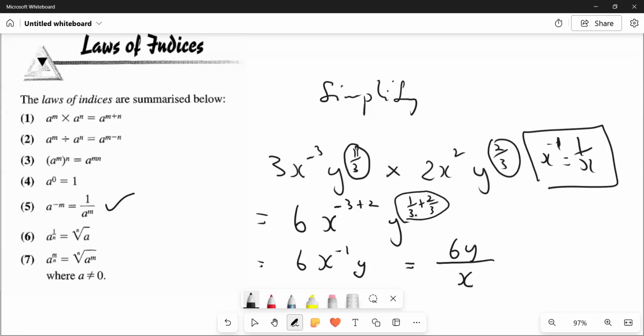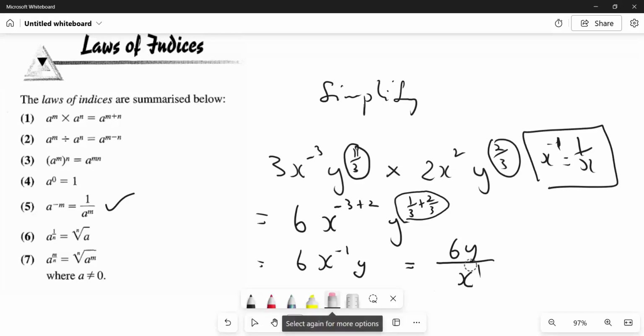Same thing with this x to the minus 1. It means you have to put the x in the denominator. But you don't normally write x to the 1 power. We understand that x means x to the 1 power.